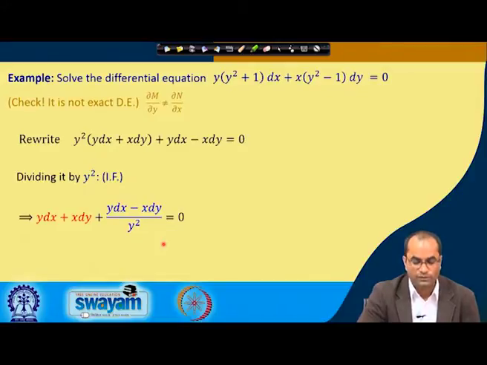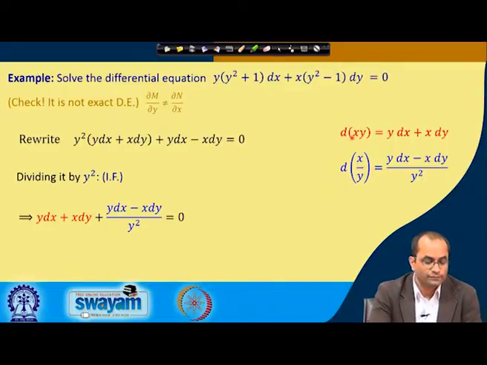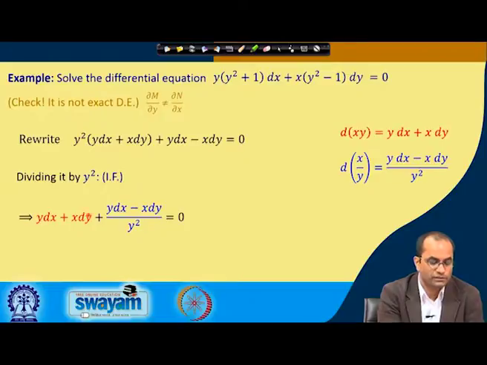Just to recall from the previous slide, the differential of xy is y dx + x dy, and the differential of x/y is (y dx − x dy)/y². So, we can use these two differentials, but we should keep in mind that one is the differential of xy and the other is the differential of x/y.